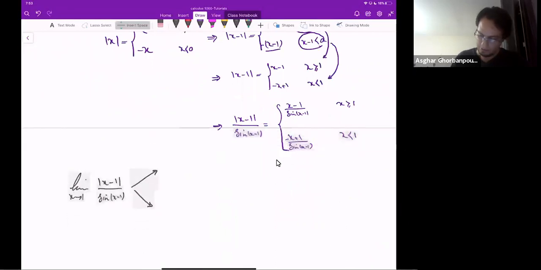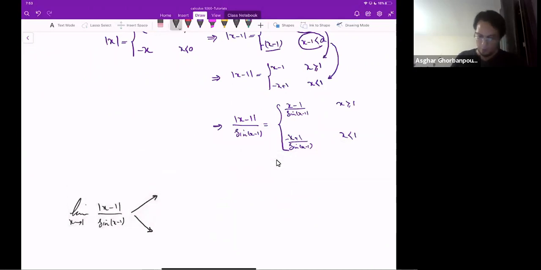Oops, sorry about that. I can do this one. What are the two different pieces? Well, I will do the right limit and I will do the left limit.